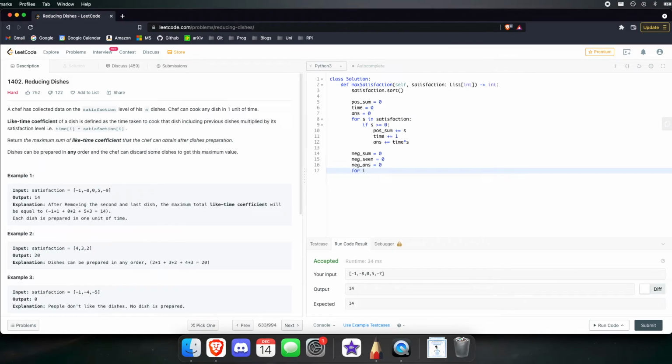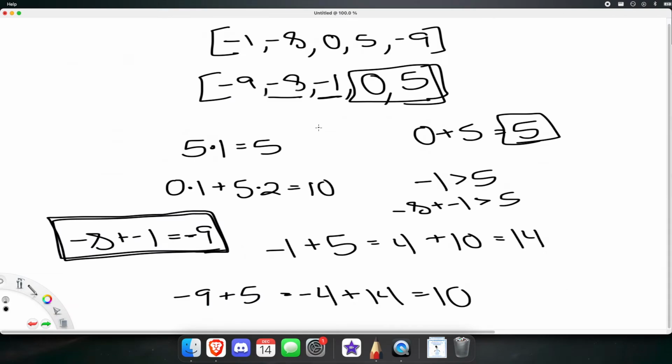Now let's go through this list again, but let's go in reverse. The reason we're going to reverse is because since we sorted it, we first want to look at the smallest negatives. So if we go reverse, we'll be achieving that. We'll be considering the smallest negative satisfaction level dish.